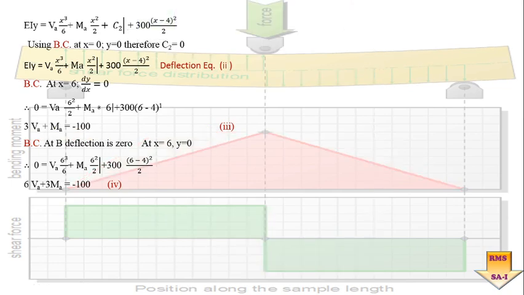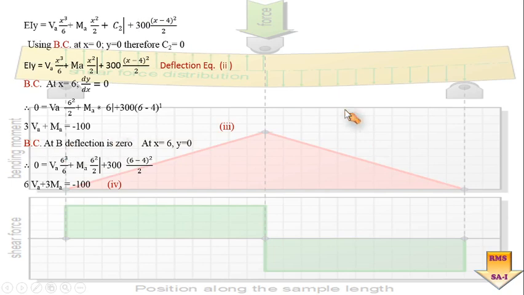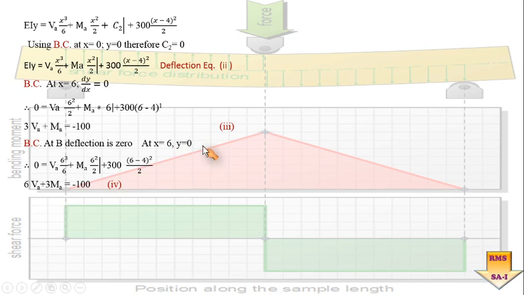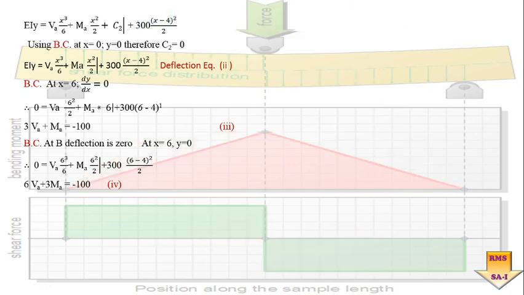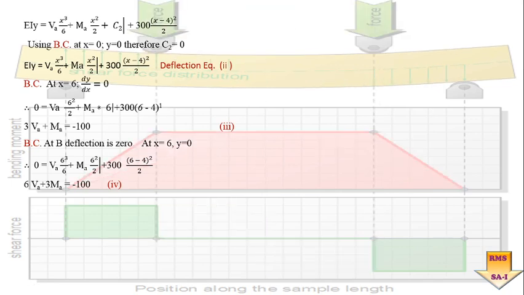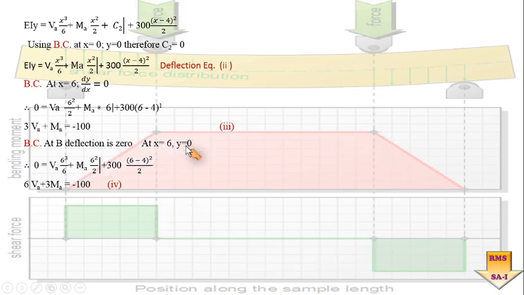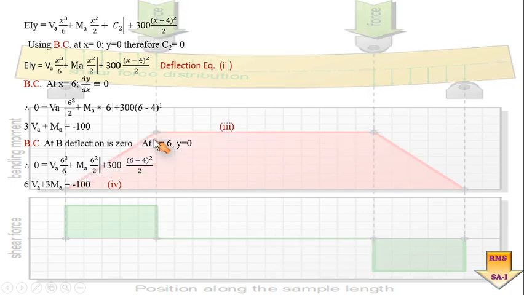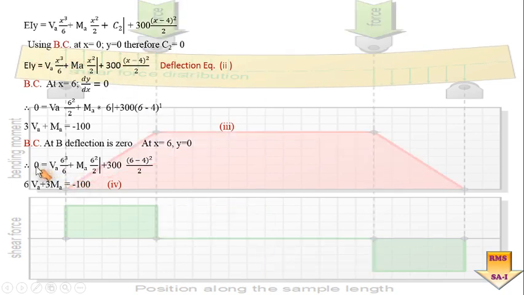Now again using the boundary condition for the end B, at x is equal to 6, y should be equal to 0, because at fixed end there is no sinking, and there the deflection has to be equal to 0 because of the fixed end. So at x is equal to 6, y is equal to 0. So putting that boundary condition in the deflection equation number 2, we have left hand side equal to 0.